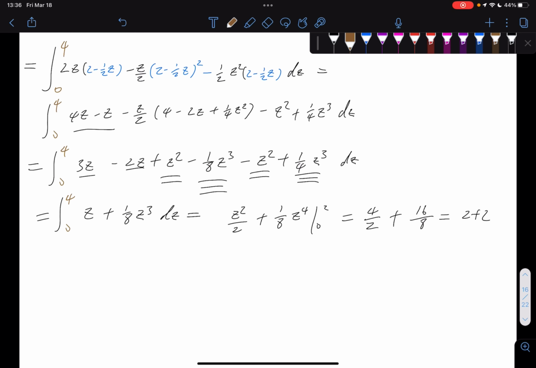And 0 to 4. So that's 16 plus 6. So 4 squared is 16, and 16 times 16 is right here, and that will give us 8 plus.